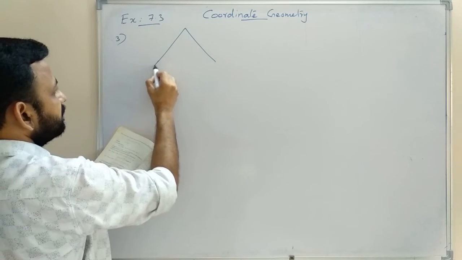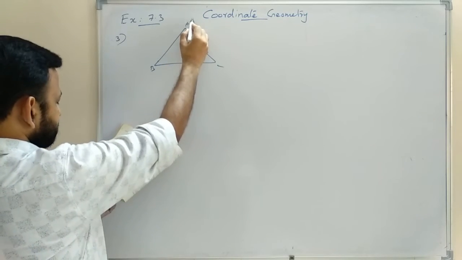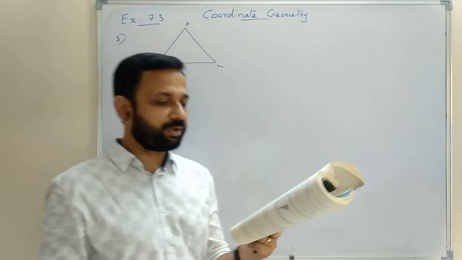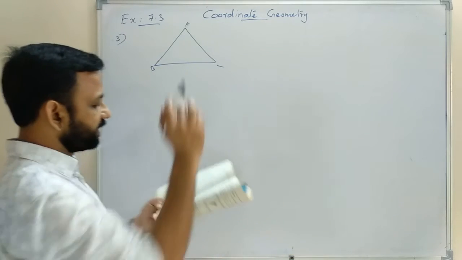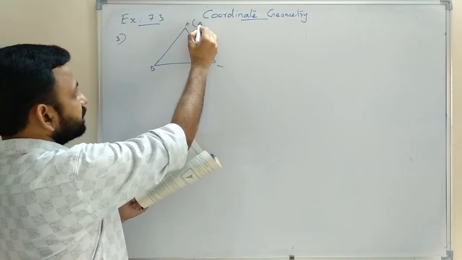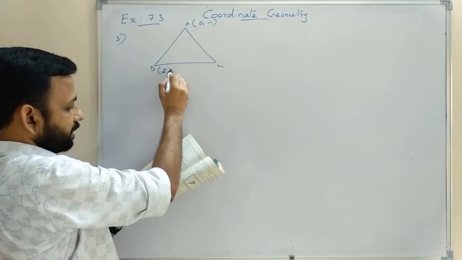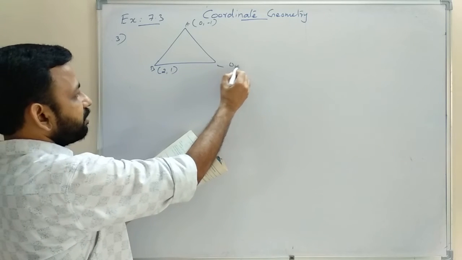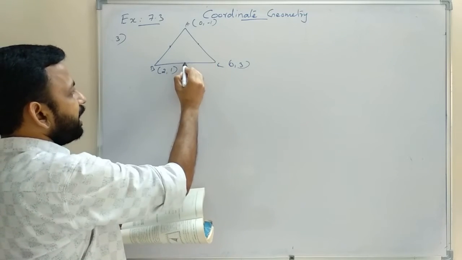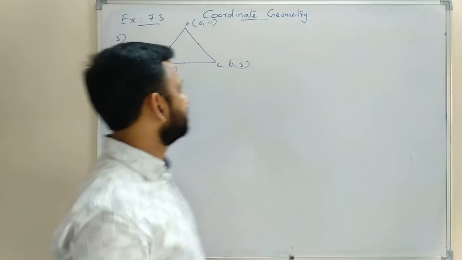So here triangle ABC, coordinates of vertices are given: 0, -1, and here 2, 1 and 0, 3. Then we need to find the area of the triangle formed by the midpoints of the sides of this triangle.